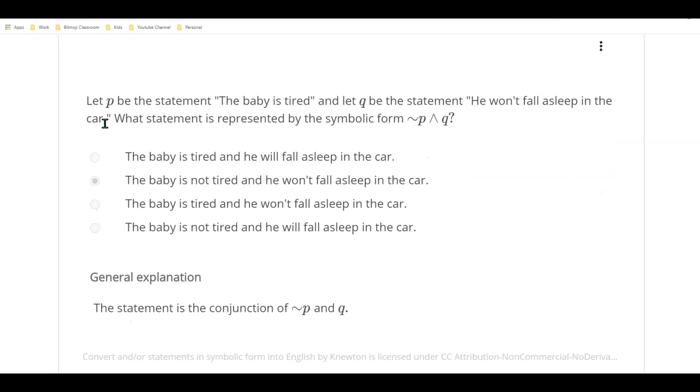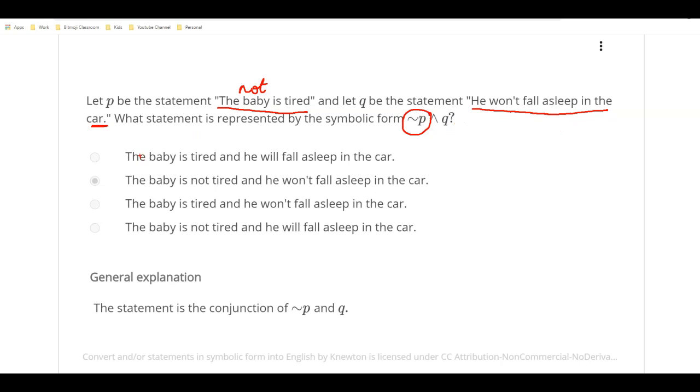Let's take a look at this problem here. It says, let P be the statement, the baby is tired. And let Q be the statement, he won't fall asleep in the car. What statement is represented by the symbol not P? Not P is the baby is not tired. So I'm looking for the keyword baby not tired. And Q is, yeah, he won't fall asleep.